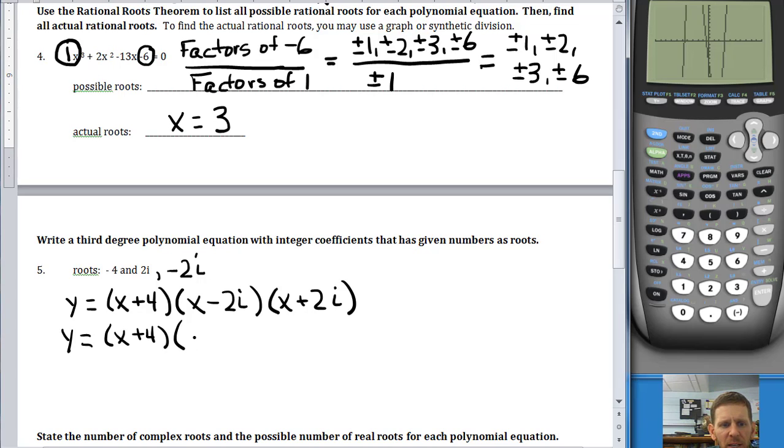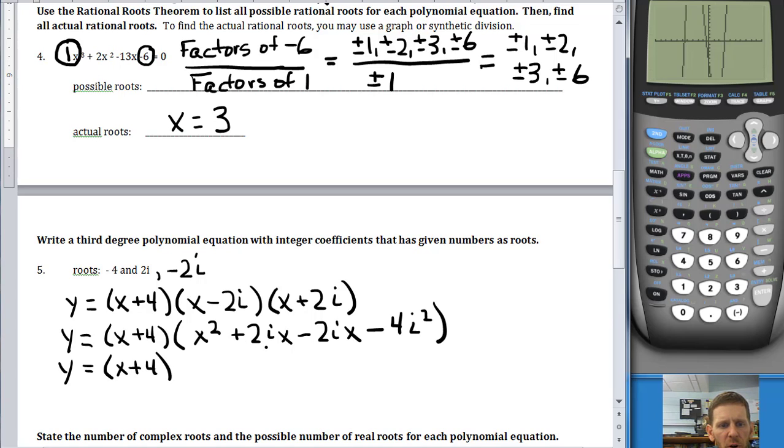So x times x is x squared. On the outside, x times 2i is 2ix. On the inside, negative 2i times x is negative 2ix. And last, we have negative 2i times positive 2i. That's negative 4i squared. This looks a little disturbing at first, but the good thing is that the middle terms, 2ix and negative 2ix, are opposites.